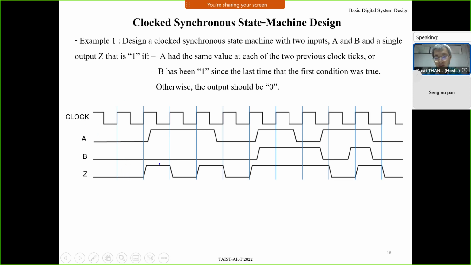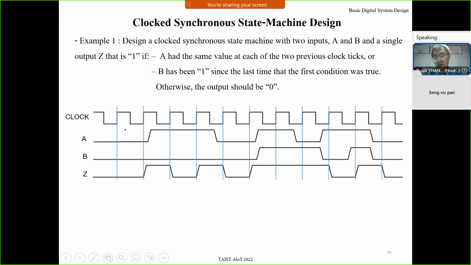It will be true maybe at this point in time. At this point, the two previous clock ticks are this one and this one, right? At this one, A is 0. At this one, A is 0. At the two previous clock ticks, A had the same value, so output becomes 1. This one also. Two previous clock ticks, here and here, right?